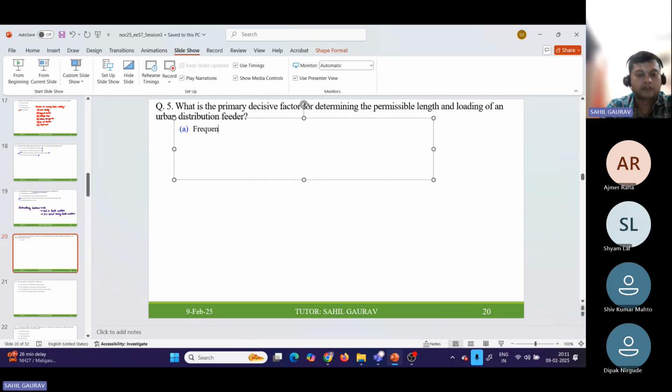The first option is frequency limit, and second option is voltage drop limit. Third option is ampacity limit, and the fourth option is phase angle limit.